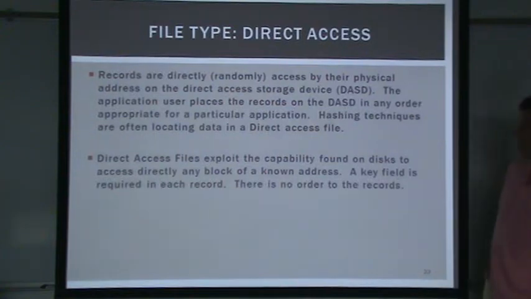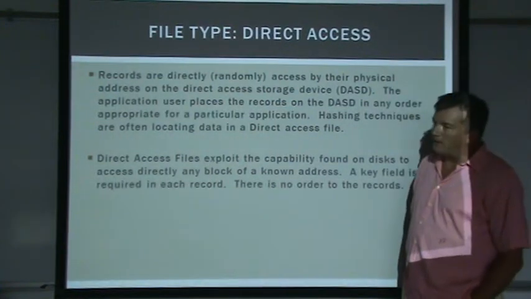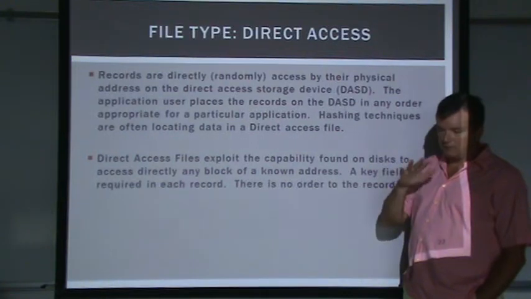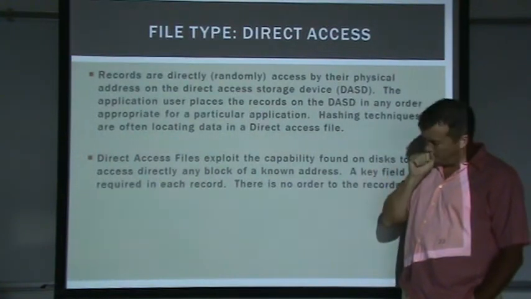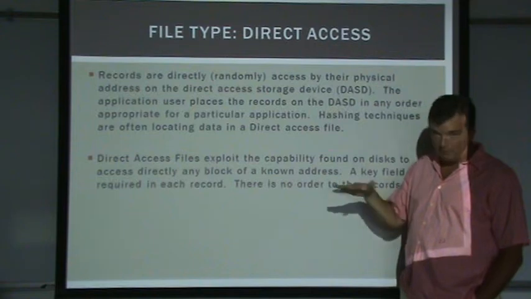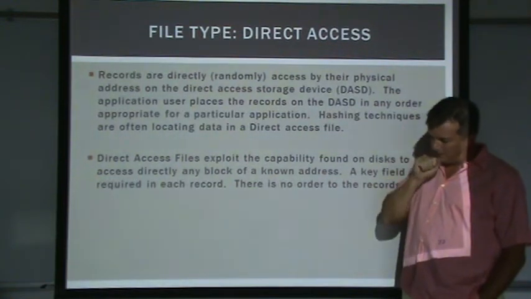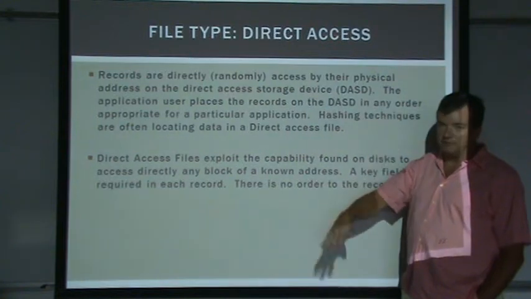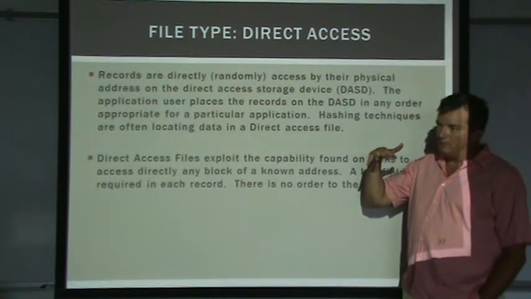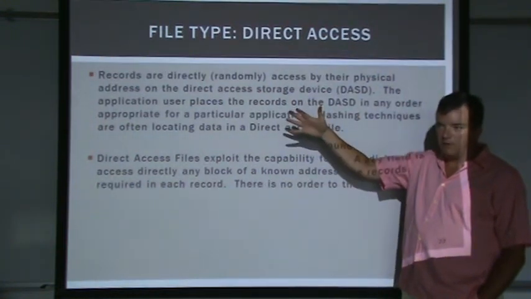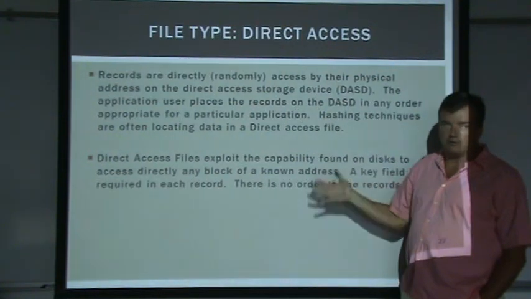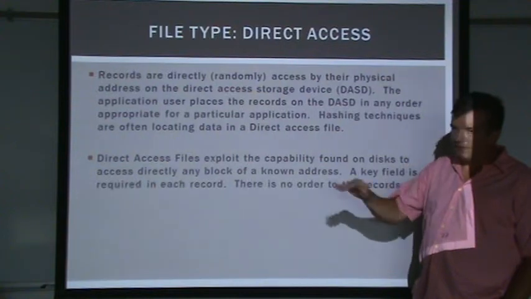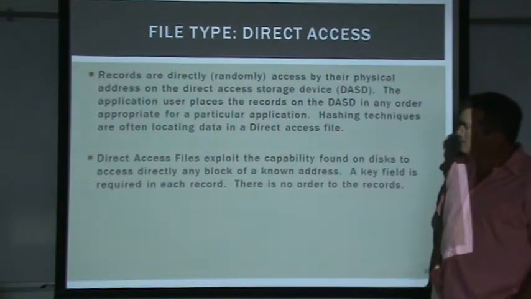Direct access files are files where the data, from the user's point of view, does not have to be in a certain order. So it's not an example like writing a book in Word where all your records have to be in a certain order. This could be like a collection of tables. You could have people's names, addresses, and phone numbers, and you don't really care what order they're in. You just keep appending new people to the bottom, and you're just trying to find a specific person.